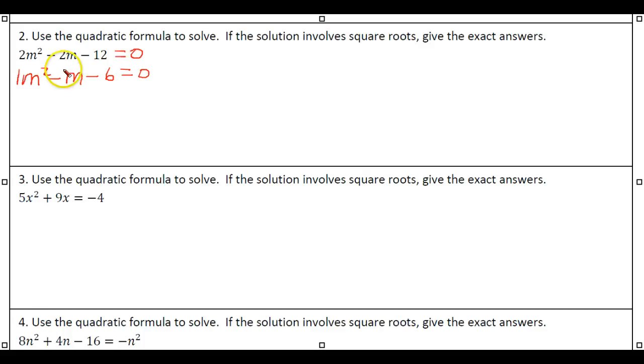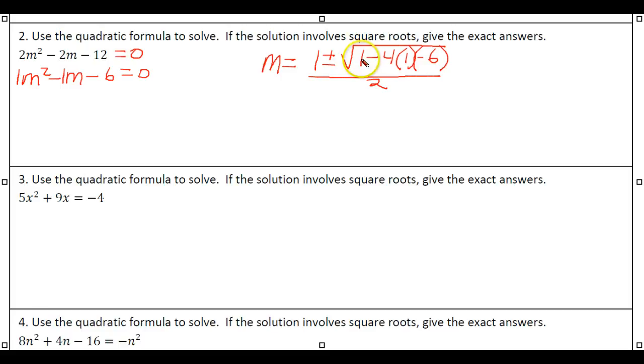Our a is 1, our b is a negative 1, and our c is negative 6. So let's substitute it into our quadratic formula. So here we have a negative 4 times a negative 6 is a positive 24, plus 1 is 25.